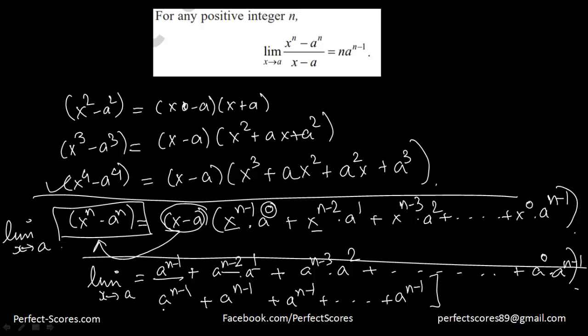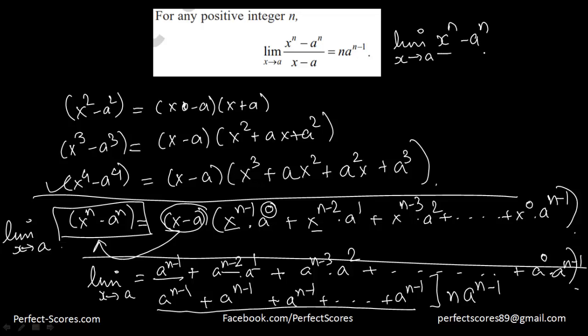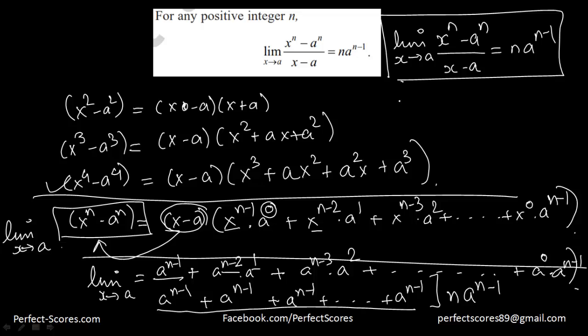There are n such terms, so this is n times a to the power n minus 1. So I can say that the limit as x tends to a of x to the power n minus a to the power n over x minus a is equal to n into a to the power n minus 1.